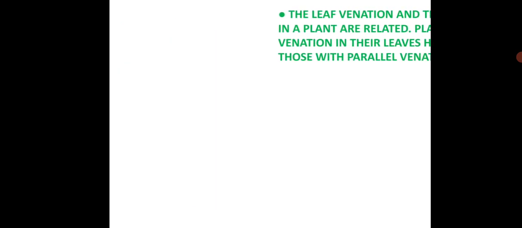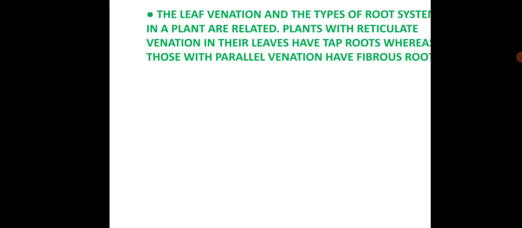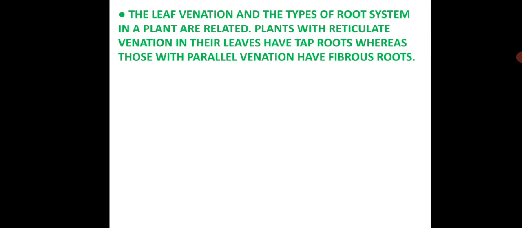Now you see what is the relationship between leaf venation and types of roots. We have already discussed two types of root system. Yes, you all know about that. The taproot system and the fibrous root system.